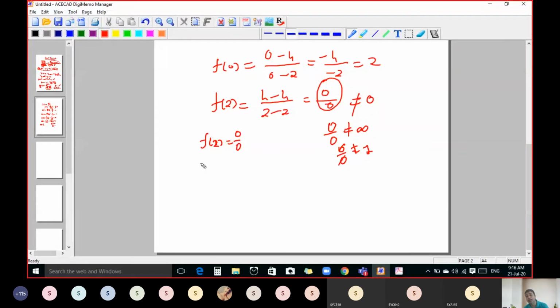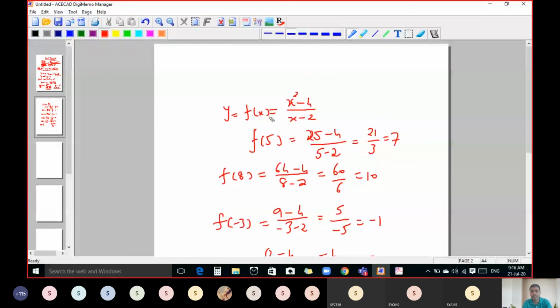And the answer is that 0 by 0 is not 0, not infinite, not 1. 0 by 0 is considered an undefined term. Undefined, meaningless. That means f of 2 is not defined. Now the question is, if x is 2, what is the value of y? And the answer is, if x is 2, y is undefined, because we get the answer 0 by 0.